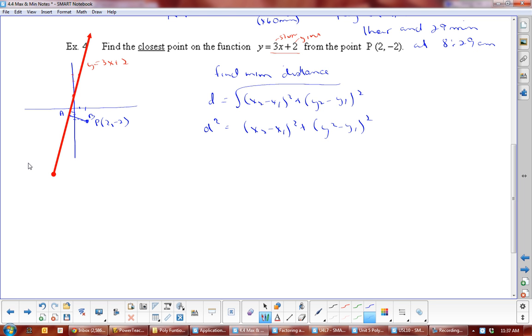Now we do know one point. That's going to stay consistent, so we can put that in there. D squared equals x minus 2 squared plus y minus negative 2, which is plus 2, squared.